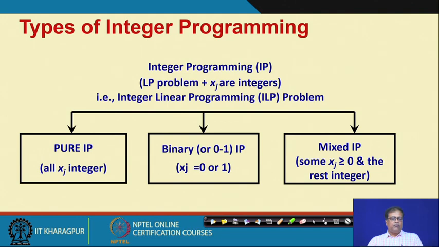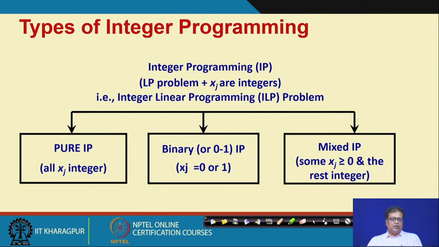The pure integer programming problem is where all the xj values are integers. The binary problems are such where the value could be 0 or 1, all right. And in the mixed integer, some of these variables are regular, they need not be integers, whereas the others should be integers, right.